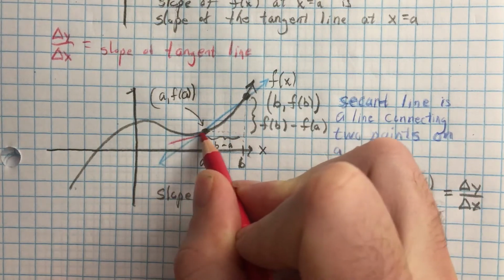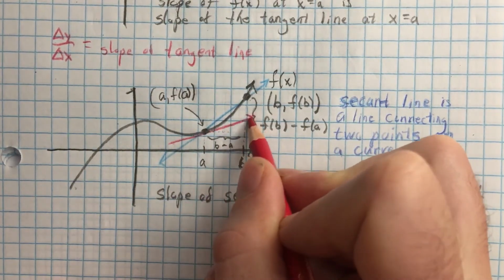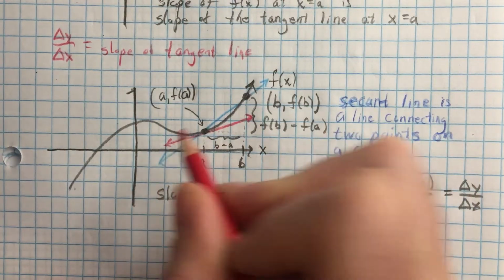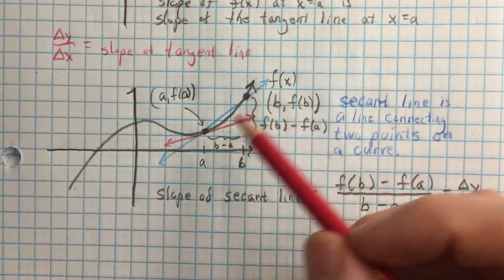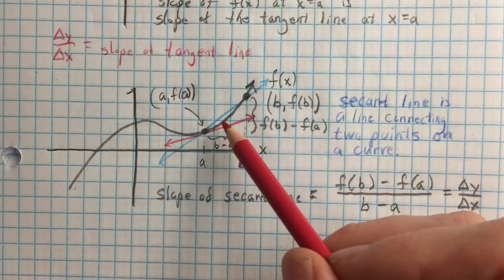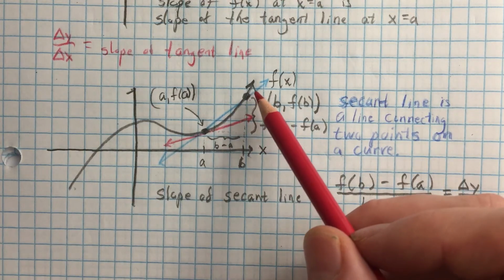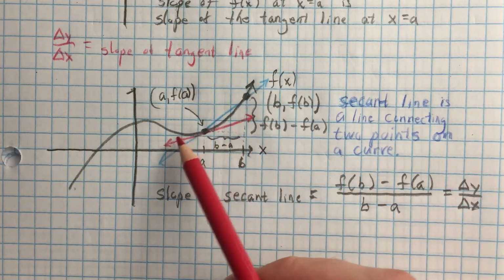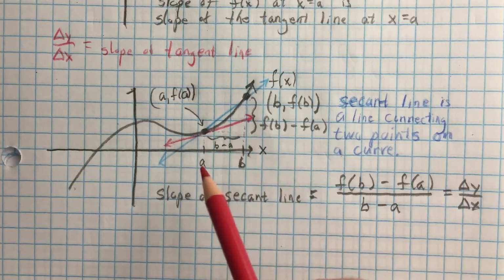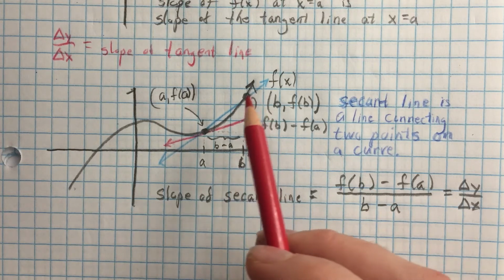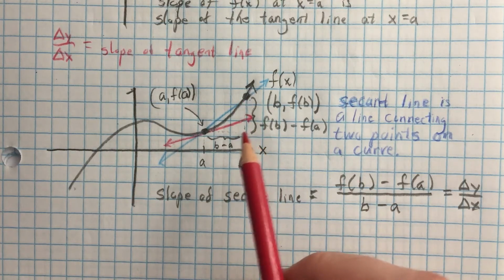They are different lines with different slopes. In the picture I've drawn, the slope of the secant line is a larger positive value than the slope of my tangent line. But the slope of the secant line is going to help us immensely in calculating the slope of the tangent line, as I'll show momentarily.